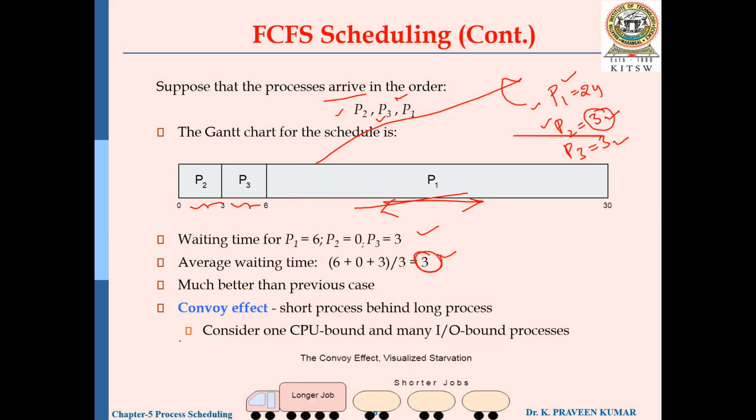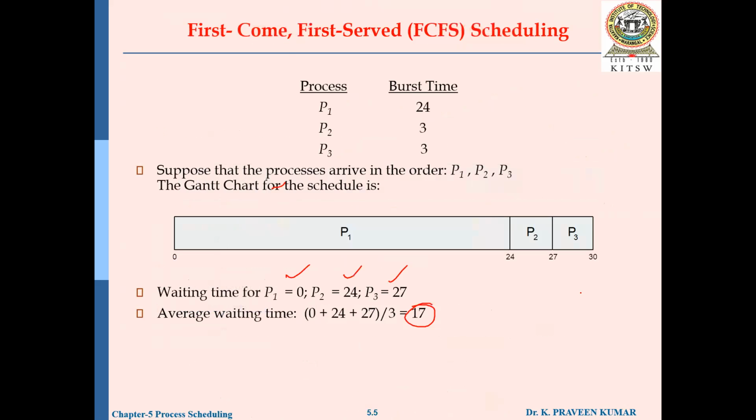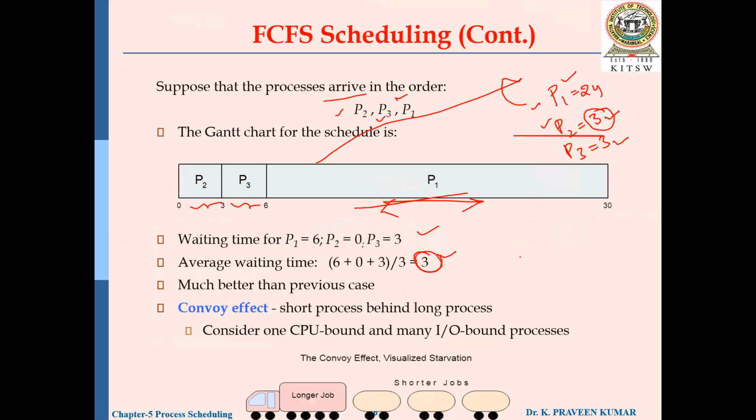Just see the difference here. When you are using FCFS, it is 17 units of time. But when you consider the shortest burst time first, it has reduced from 17 to 3 units of time. So this is much better than the previous case.